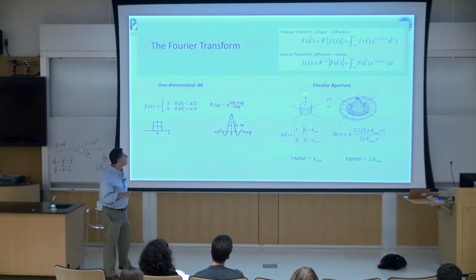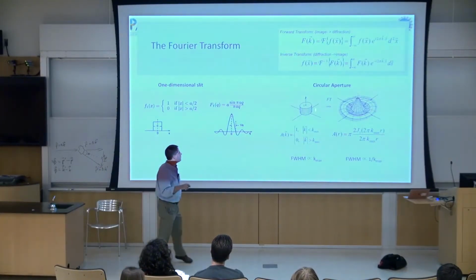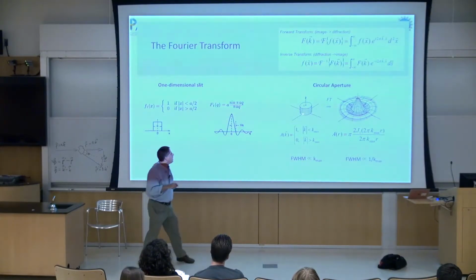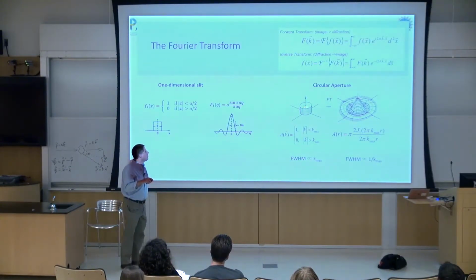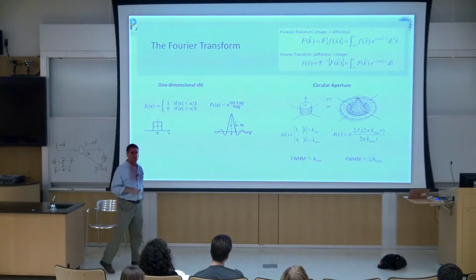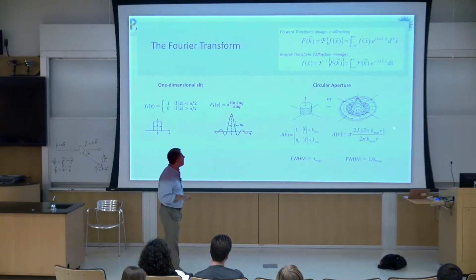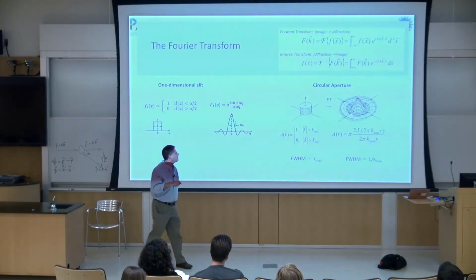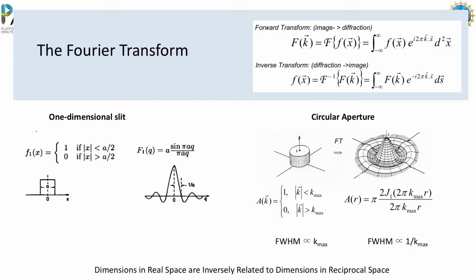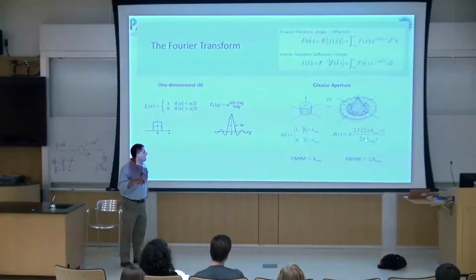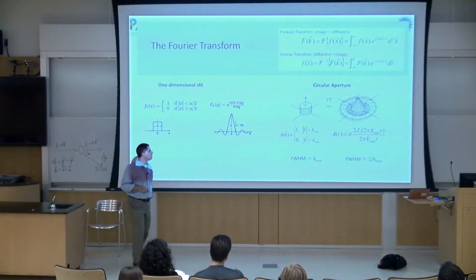If I did this in 2D, which is more realistic because this is my real aperture, all the electrons get through the hole and none of them get through the aperture, which is good. When I Fourier transform this, I get my sombrero function, which is the Airy function. And this function J1 is my Bessel function.